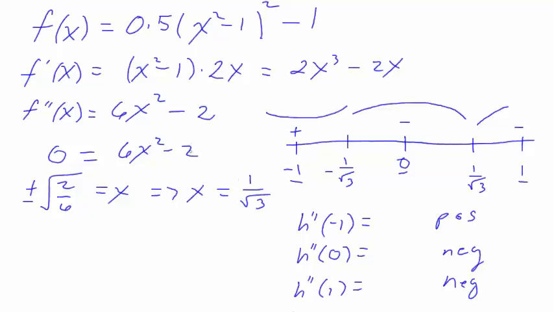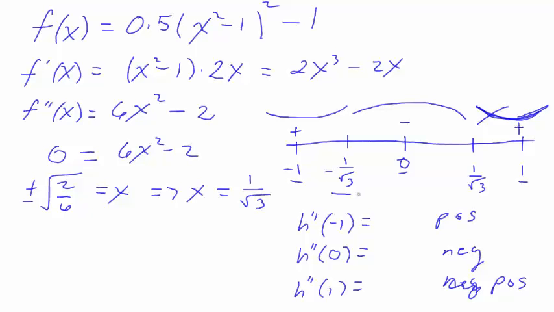What's going on? Plug 1 in. Sorry. 6 times 1 is 6, and 6 minus 2 is positive. It's easy to make that mistake. I remember the graph being symmetric, so this should be concave up, not concave down. So we've got to watch out for these things.